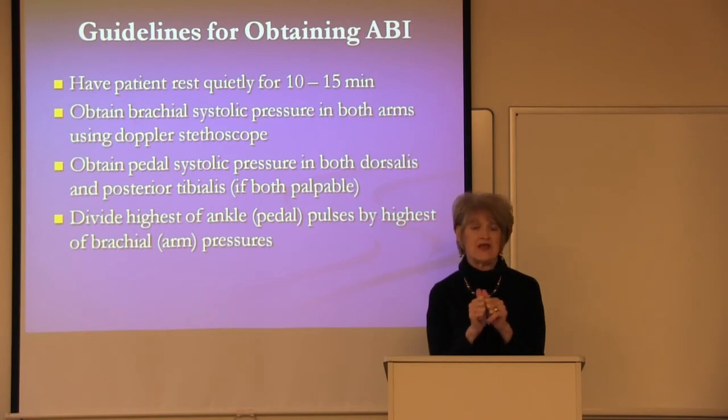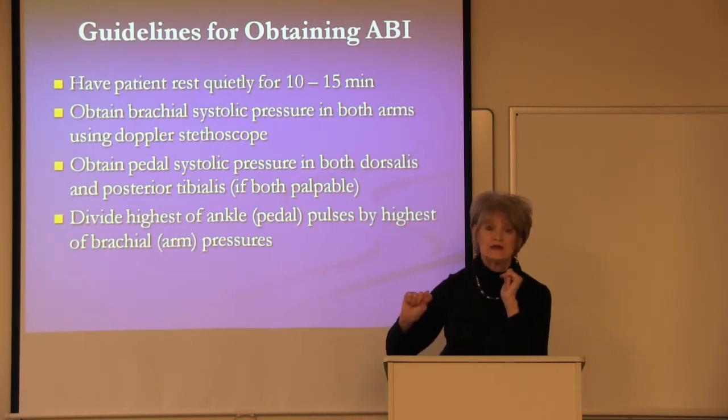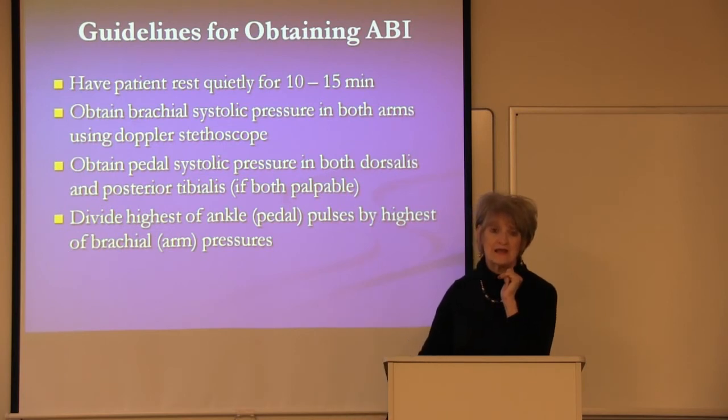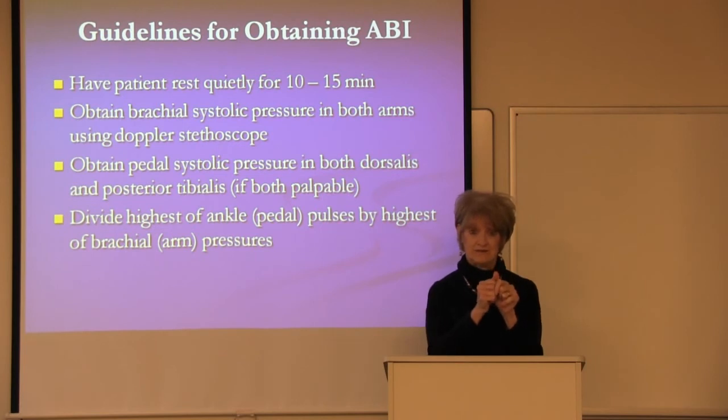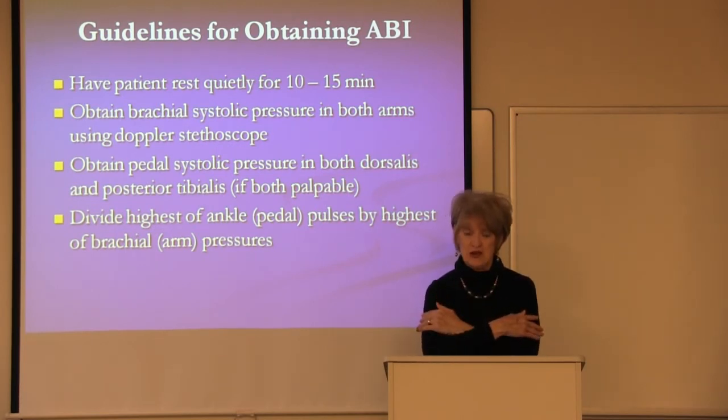So let's say that on the right, my dorsalis pedis was 60 and my posterior tibialis was 54. So I'm going to enter 60 divided by, and then I'm going to look at my two brachial pressures.